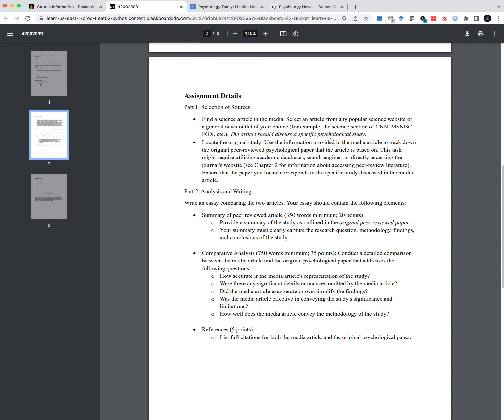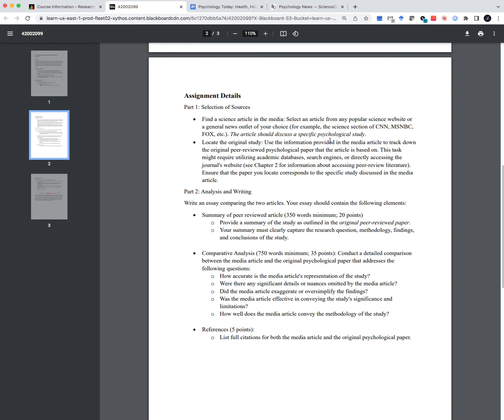And the article you find has to be based on a specific peer-reviewed article in which an experiment was conducted. So not a review article, not a meta-analysis, but an original peer-reviewed paper in which an experiment was carried out.